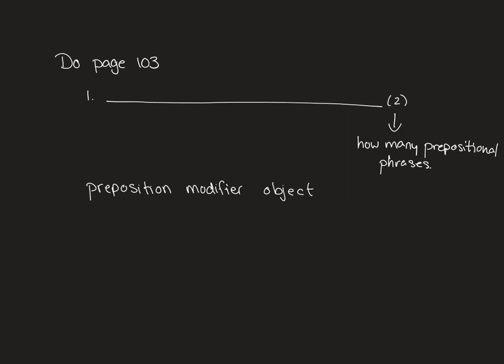So in your sentence, just like we did on the previous examples, you'll underline the whole phrase, circle the preposition, and draw an arrow from it pointing towards the object. Now, they may or may not have a modifier. It is optional. Okay, so remember that not all of these will have a modifier, but if there is one, it should be underlined as well.